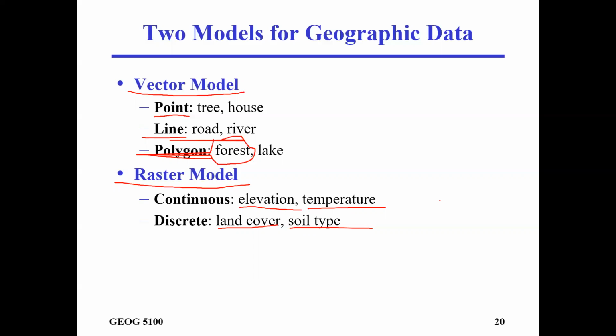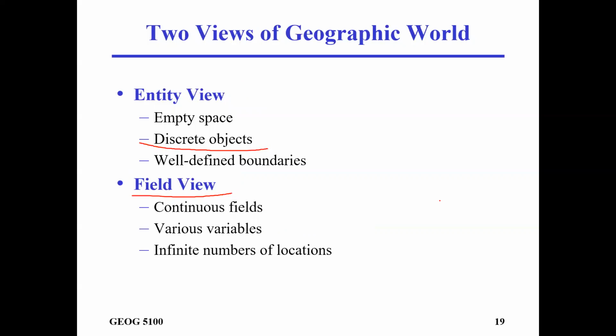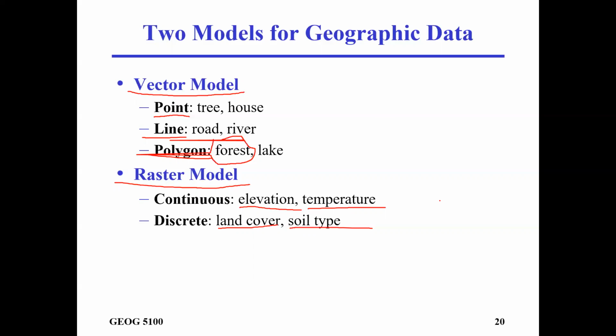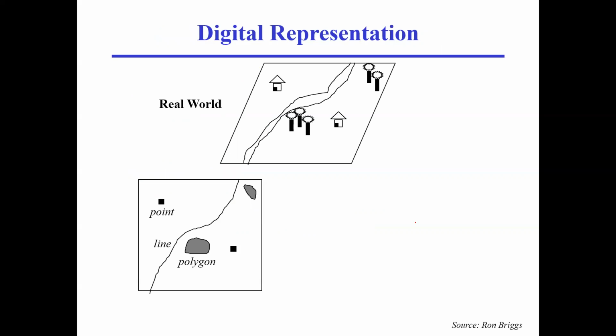Okay, so two models for geographic data are associated with two views of the geographic world. And an example here: a real world right here is a river. Do not judge my drawing, okay? I tried. And here is a house, here is another house, several trees here.